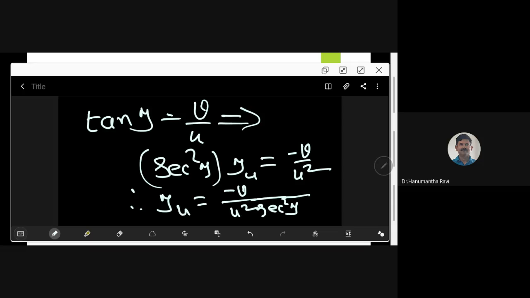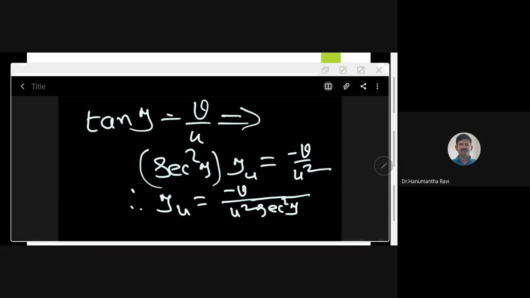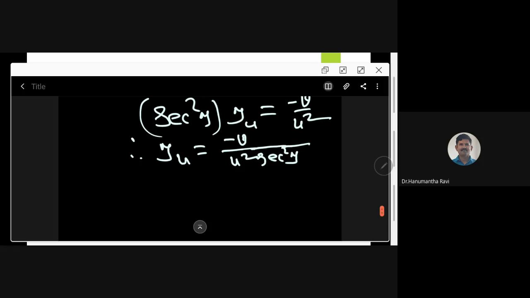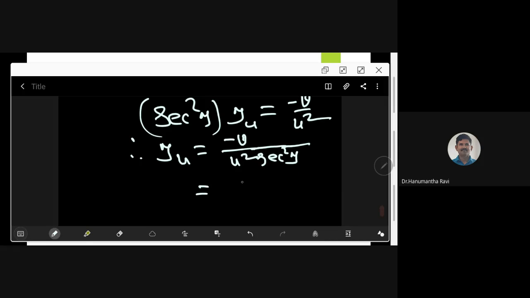Okay, so this is nothing but equal to, I can write this as minus v, secant is 1 by cos, so cos square y by u square.